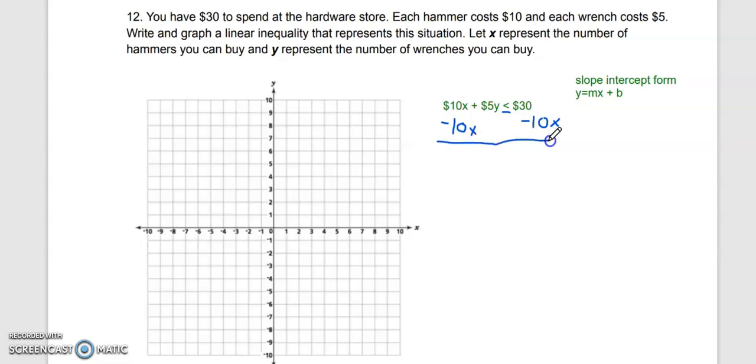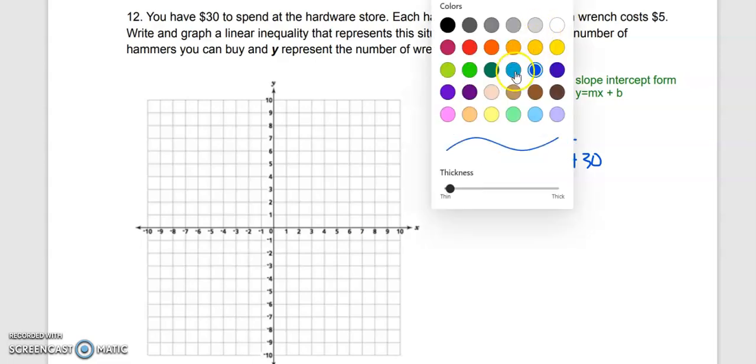When I do that, I get 5y is equal to negative 10x plus 30. Now I need to solve for y, and y is being multiplied by 5, so I'm going to divide both sides by 5.